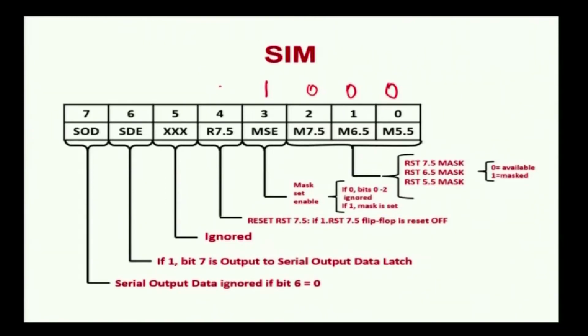No need to reset, it is an ignoring point, reserved for future expansion. Then there is no serial communication, so we write 0. Now the value is 08, so we have to write 08 for enabling all the interrupts. For that we write the instruction as MVI A comma 08, which enables all interrupts.